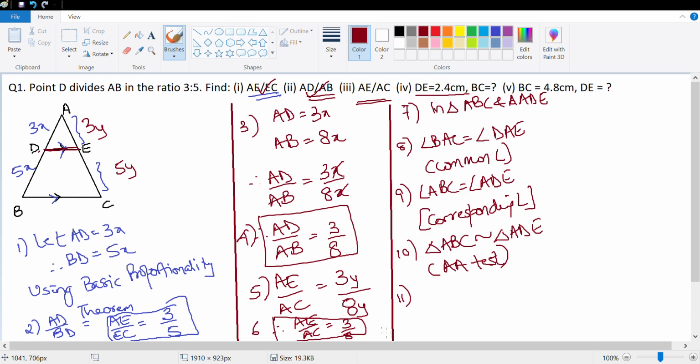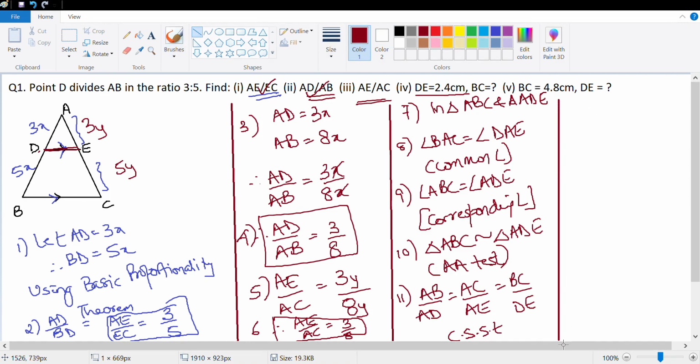which means what I have is, where is DE? Here. So this means AB upon AD is equal to AC upon AE is equal to BC upon DE. This is CSST. So I need to find the value of BC, DE is given. Is there any ratio which I already know? I know AD upon AB is equal to 3/8.